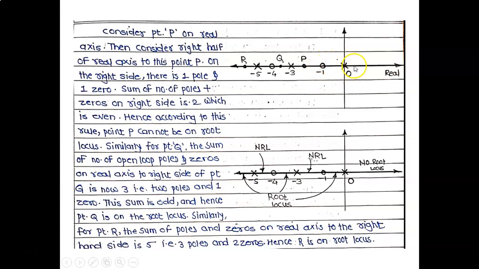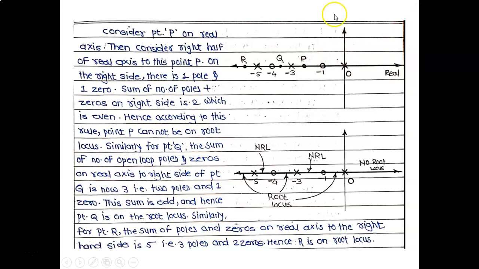Therefore here poles are 0, minus 3, minus 5, and zeros are minus 1 and minus 4. Now consider the right half of the real axis to this point P. On the right side there is one pole and one zero.